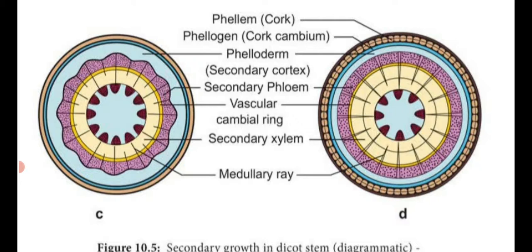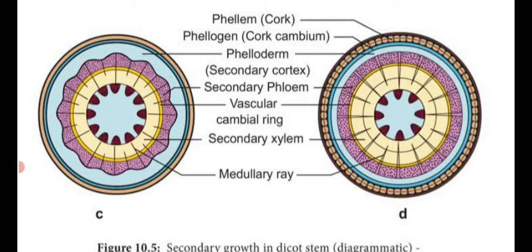Then medullary rays are also present between the secondary xylem and secondary phloem. And also see the diagram, the vascular cambial ring is also there. That means both intra and interfascicular cambium are joined together to form a continuous ring-like structure called the vascular cambial ring.